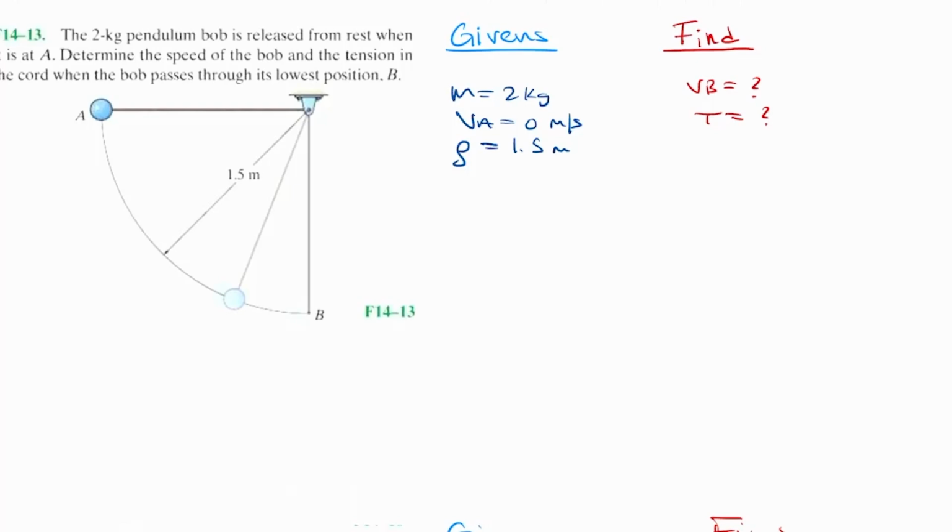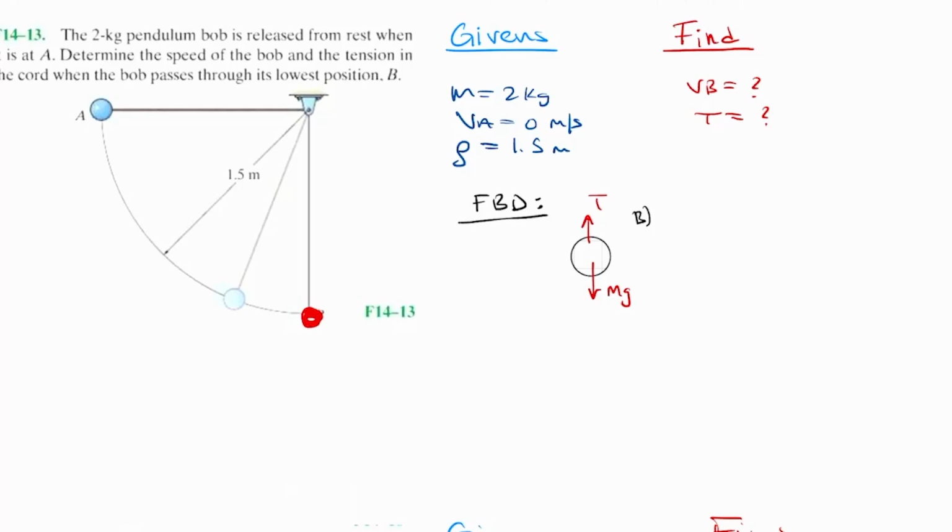So once again, as always, let's start with our free body diagram. My free body diagram of the pendulum, we'll do this at state 2, or at B. Notice at B, once the bulb is right here at the bottom, what forces does it experience? First of all, it experiences gravity, so mass times gravity, the weight. We have the tension of the cable going up.